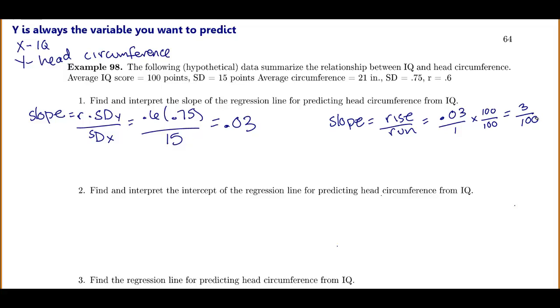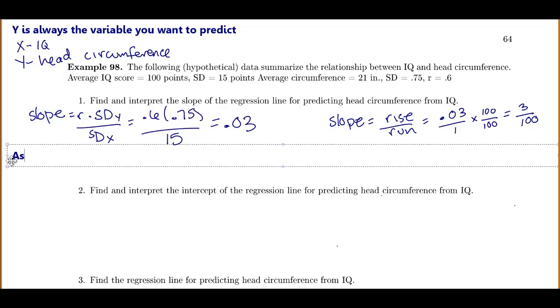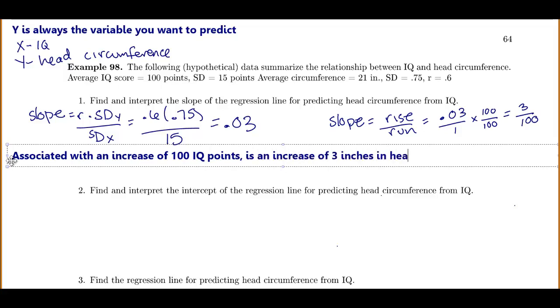And so what does this tell us? This tells us that associated with an increase of 100 IQ points is an increase of 3 inches in head circumference.